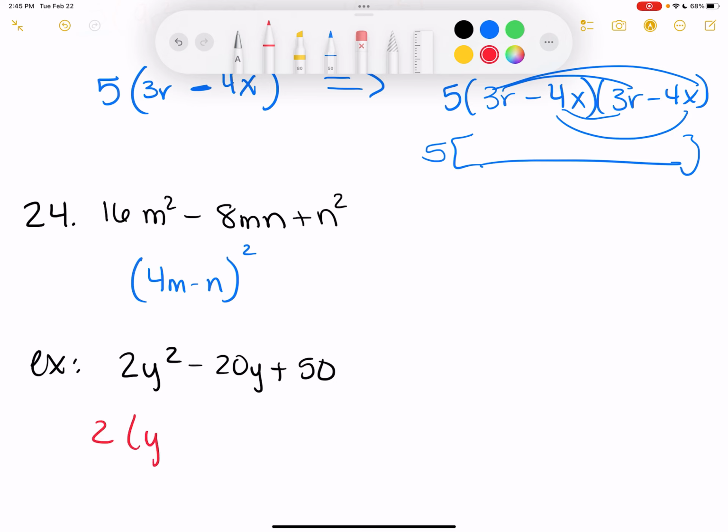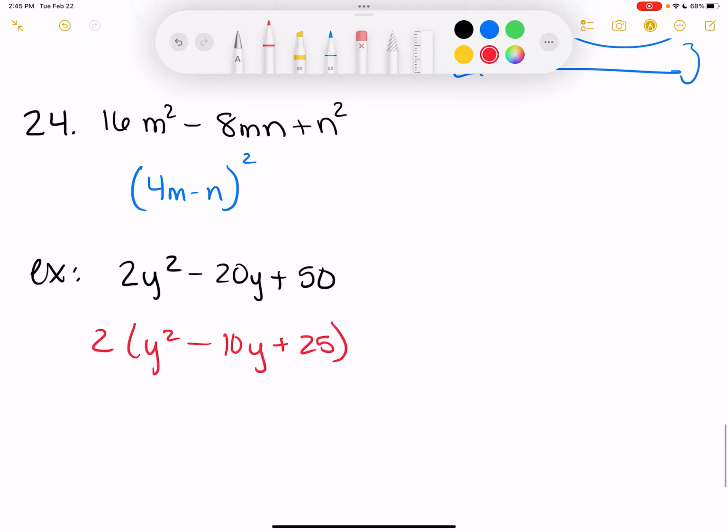So that leaves me with y squared minus 10y plus 25. Now what? Okay, and don't forget about the 2 out front. I don't know if you said that or not. Don't forget about that 2 out front.